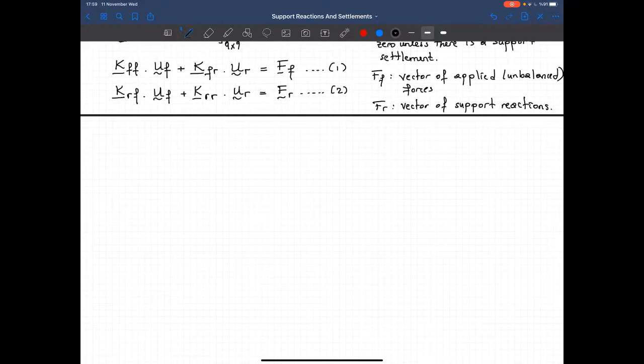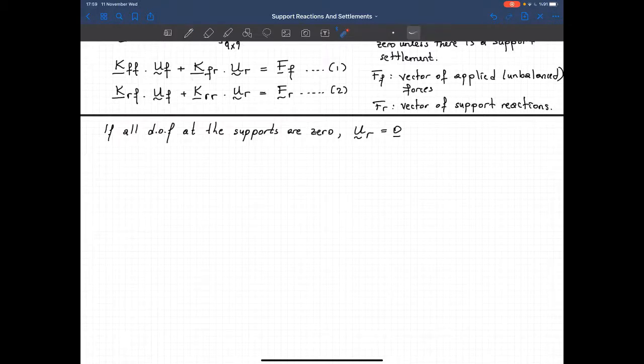Let's take a look at the case when all degrees of freedom are restrained. Not all degrees of freedom, all degrees of freedom at the supports are equal to 0. This means that there is no support settlement. So according to our notation, UR is equal to all 0. There is no support settlement.